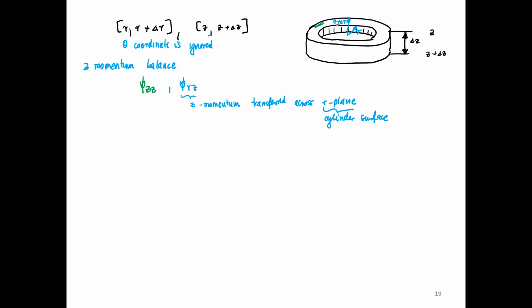This is my area now. And I have transfer across from it described by phi ZZ. Yes? And also on the bottom here, I have stuff coming out also phi ZZ. But this is my phi ZZ evaluated at Z plus delta Z. And this is phi ZZ evaluated at Z. Yes?